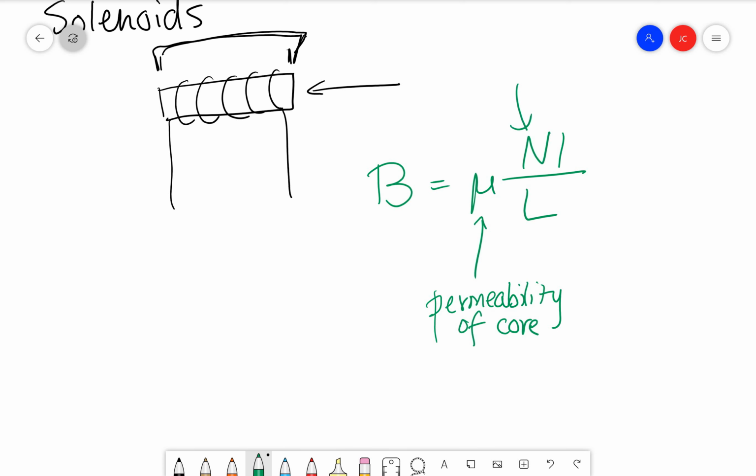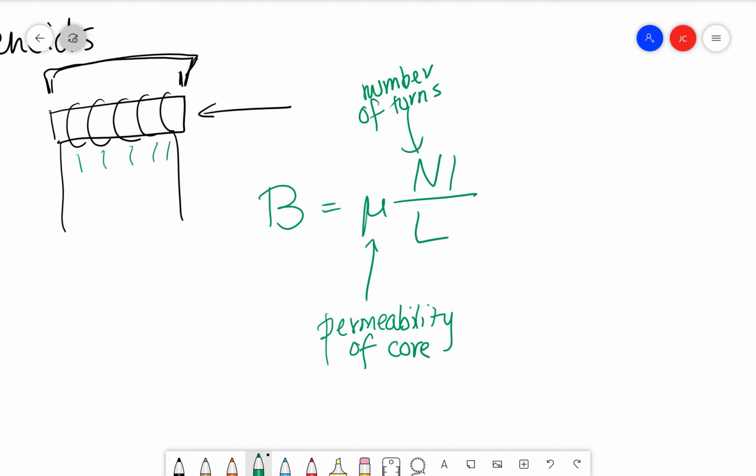Then we have N. N is the number of turns of this wire. So, for example, my solenoid over here, that isn't actually a very good one, has 5 turns. 1, 2, 3, 4, 5. And so it would have an N of 5. I is the current being passed through the solenoid, which is the same as in the last equation, and L is the length of the wire.